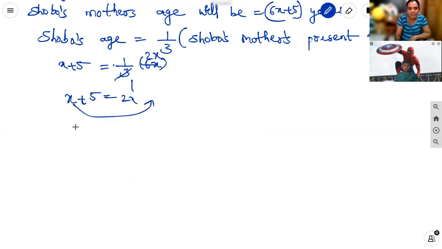This x is taken to the right side. 5 equals 2x minus x.